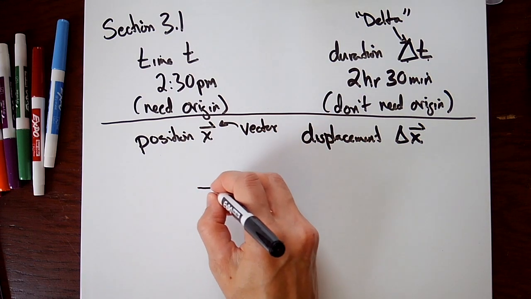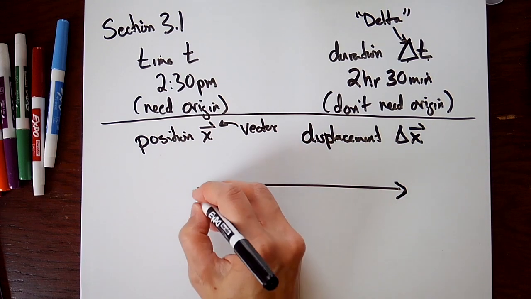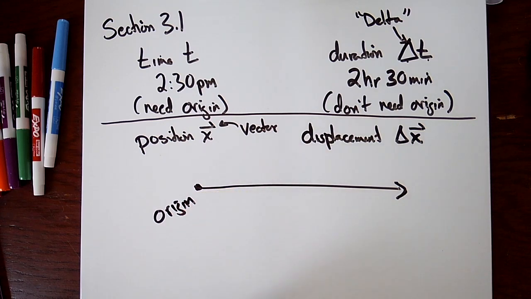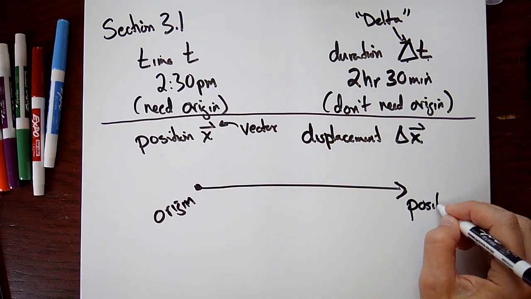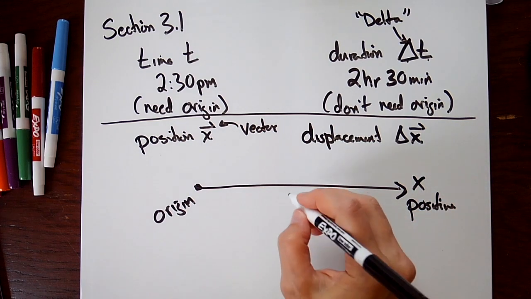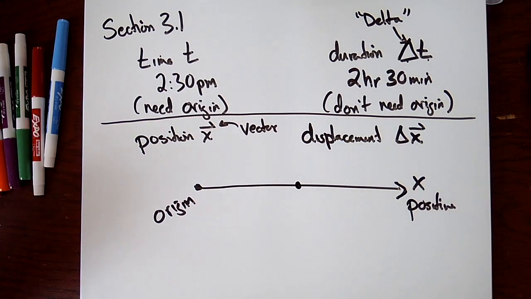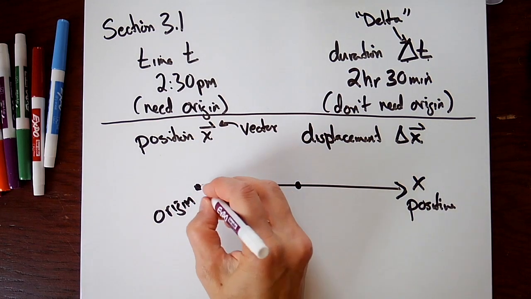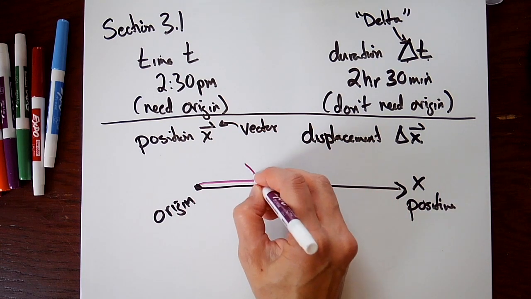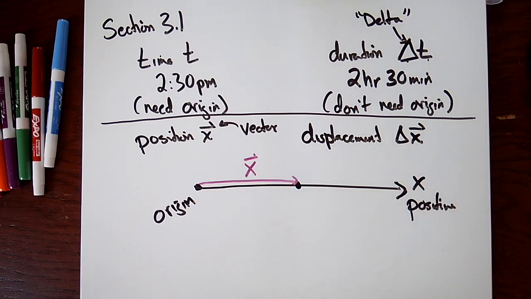So we've got a displacement line. We'll make this our origin to start, and this will be the positive x direction going this way. So if this is where we happen to be, if this point's our origin, then this guy is our position vector, whatever distance that would be.